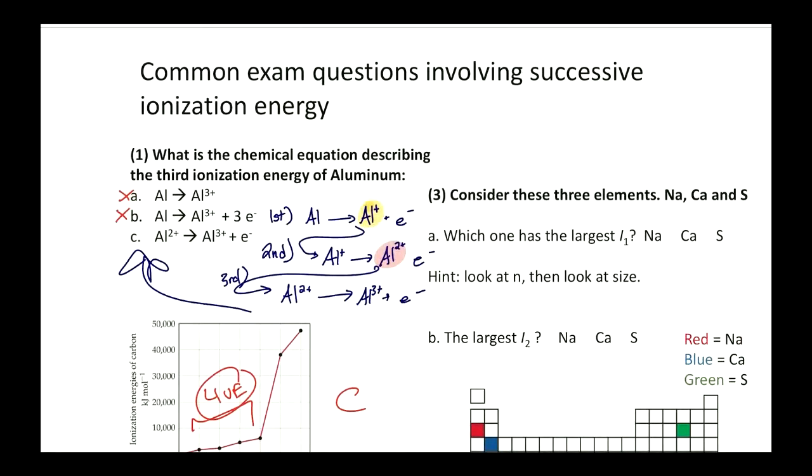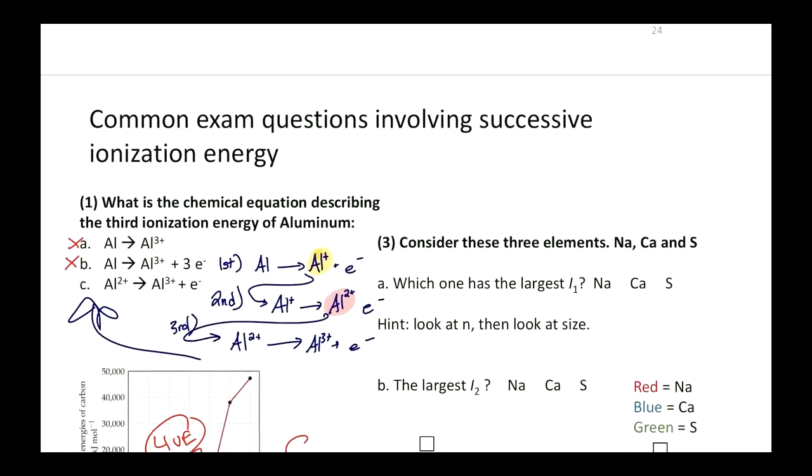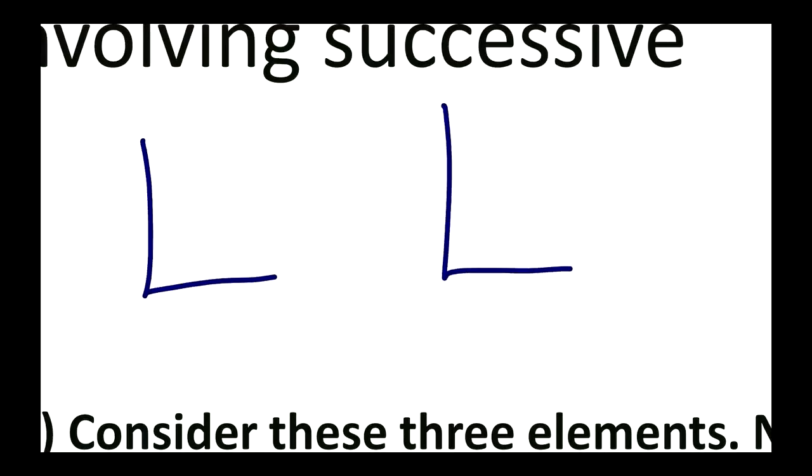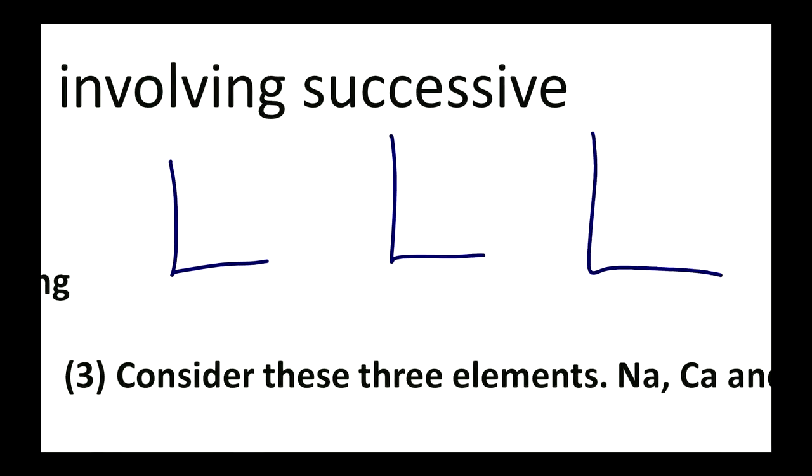Let me draw some graphs. And you tell me which one represents the ionization energies of aluminum.